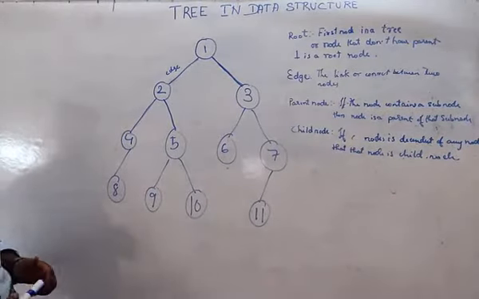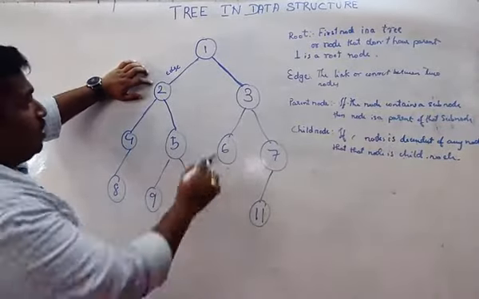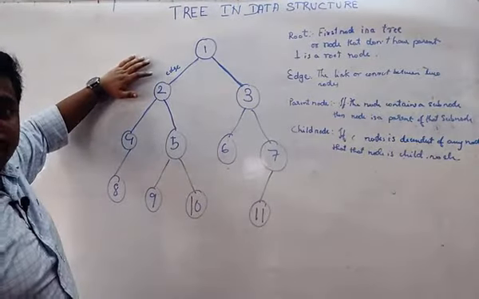See here, 2 and 3 are descendants of 1. So 2 and 3 are child nodes.